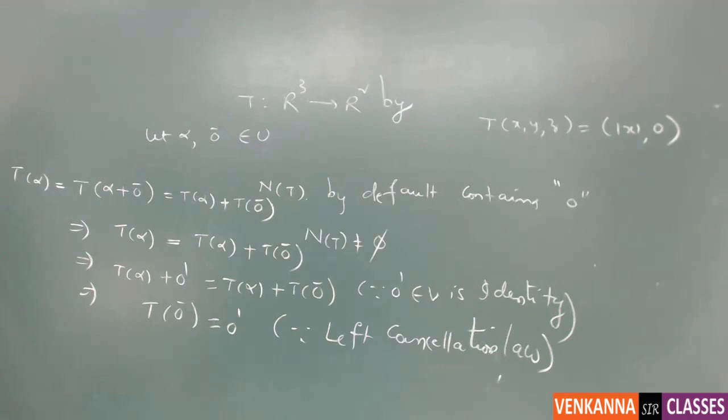So if you want a theoretical proof, this is the theoretical proof for it. How T of 0 is equal to 0 dash.